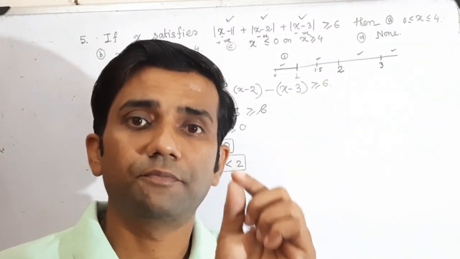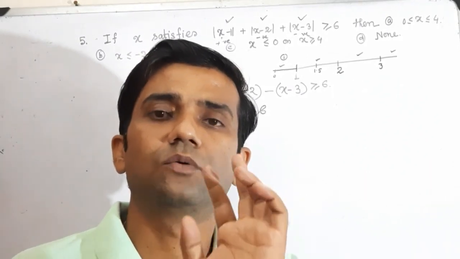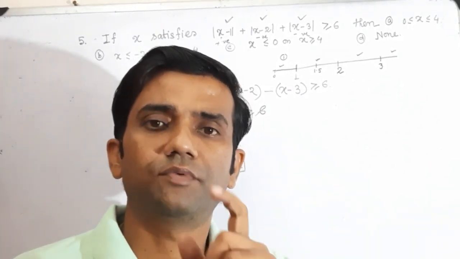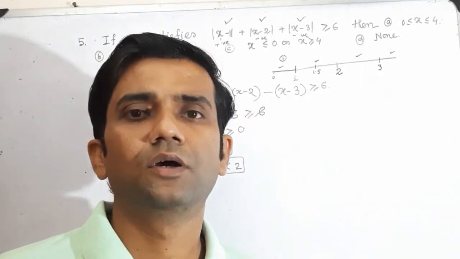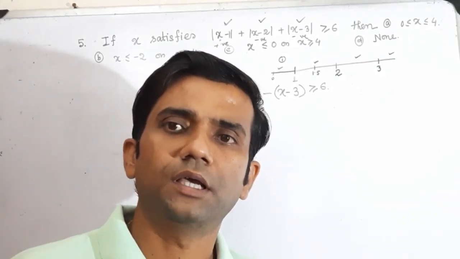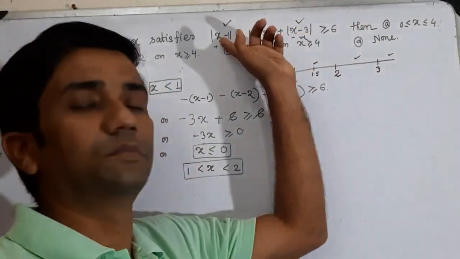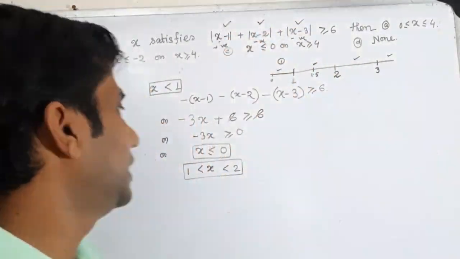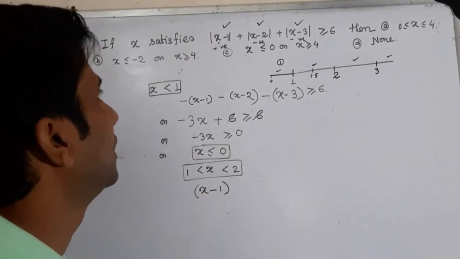If you take a particular value, suppose 1.5 between 1 and 2, then the first part, mod of x minus 1, is positive. If you take any other value between 1 and 2, it is always positive, so it is x minus 1.